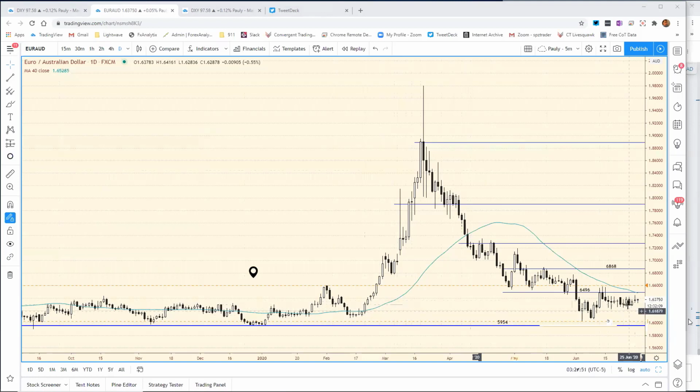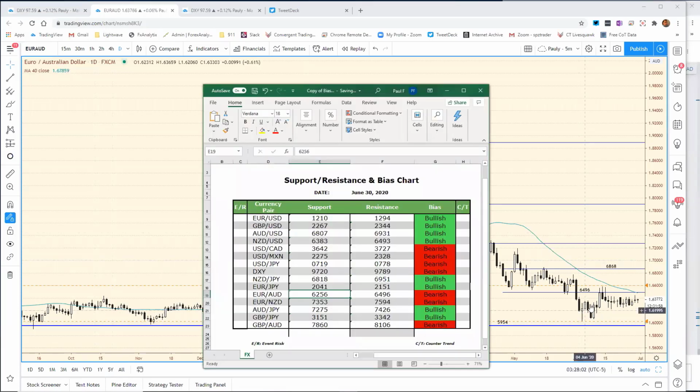Look at this. We pushed a little bit higher on Monday, but key resistance remains 64.96. And on the downside, 62.56. So no changes here in the euro odd.